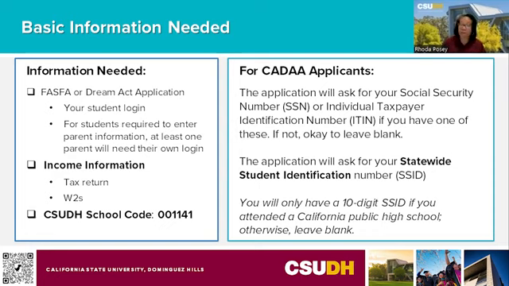On the Cal Dream Act application, the application will ask for your Social Security number if you have one, or your ITIN, individual taxpayer identification number. If you don't have it, it's okay to leave it blank. The application will also ask for your statewide student identification number, SSID. You will only have a 10-digit SSID number if you attended a California public school. Otherwise, if you don't have it, just leave it blank.